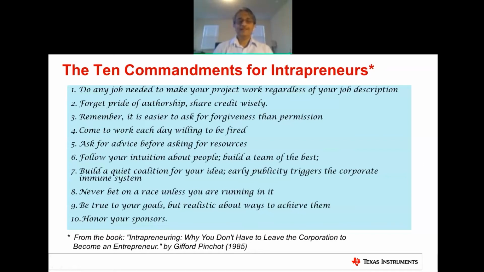These 10 commandments are something that I picked from there. They have in many ways been the guiding principles, not just for myself but for many of the successful technologists who are still working in the big company context, in the research labs or even in development.